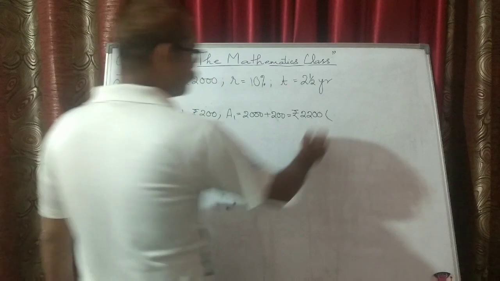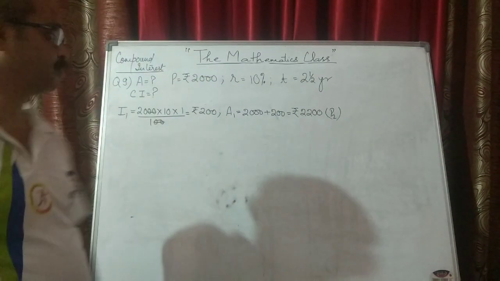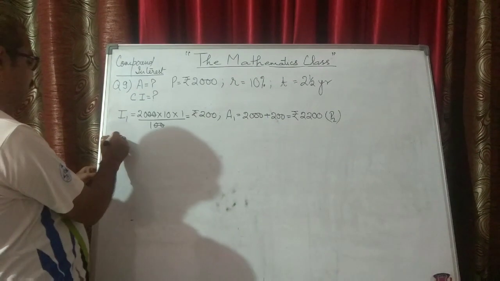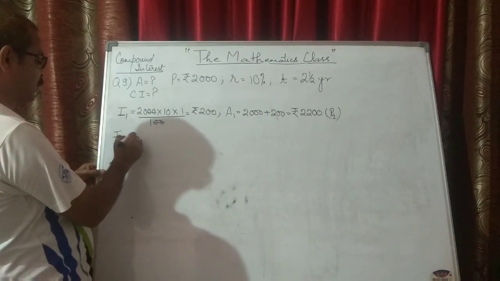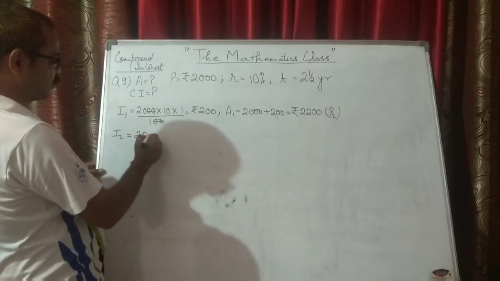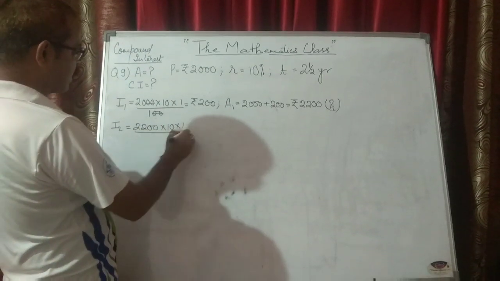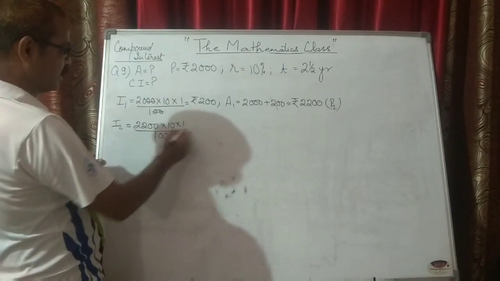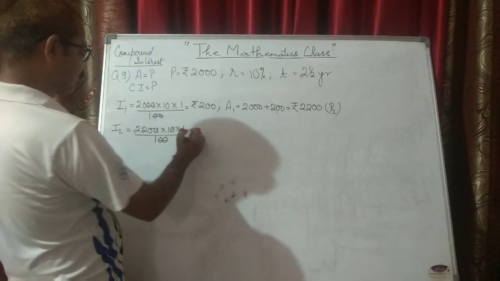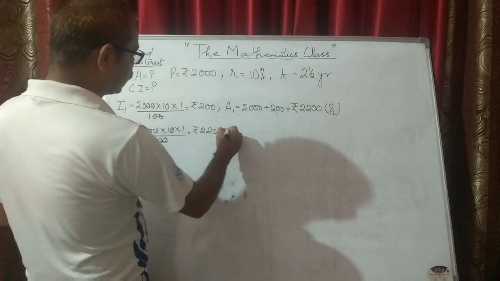2,200, which becomes principal for the second year. I am writing P2. Now we will calculate interest for the second year. That becomes P2, that is 2,200 into 10 into 1 upon 100. So this becomes rupees 220, that is interest for the second year.